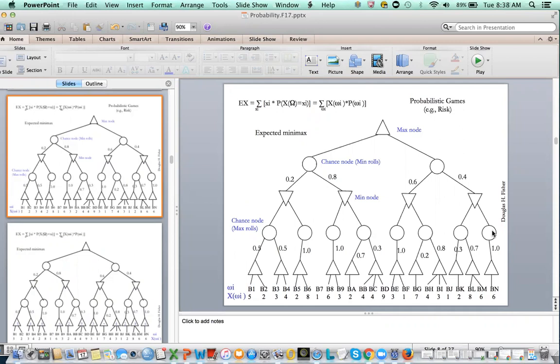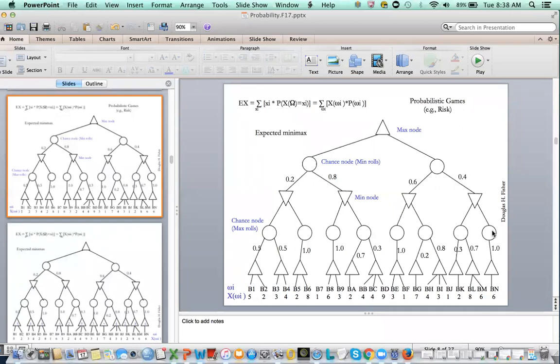The max node player has to make a judgment about where they're going to move or what decision they're going to make. Again, that could involve rolling a die, for example. There's a stochastic or probabilistic aspect to this.